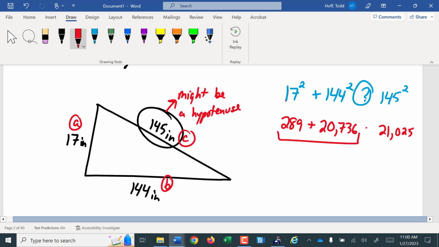So if we add these up, what do we get? Well, 21,025. That is equal. So that's telling us that this is a right triangle. That is the hypotenuse, so this is a right angle here.